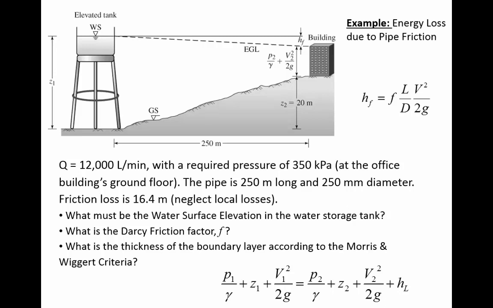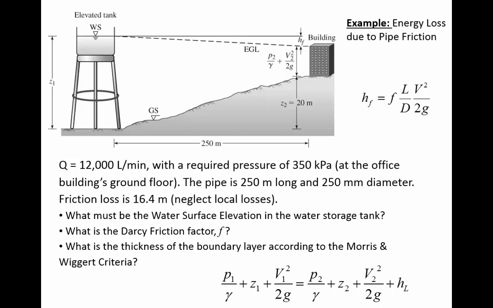Each bend or valve or transition has its own K value assigned, to where a nice smooth bend like this maybe would have a K of 0.4, and then a really rapid transition like this that's going to induce more turbulence might have a K value of 2.0. You can get those K values from tables in the text, or manufacturers of fittings will provide K values. In this case, they're saying, let's neglect the local losses between the reservoir and the building, and instead just assume that H sub F is equal to 16.4.